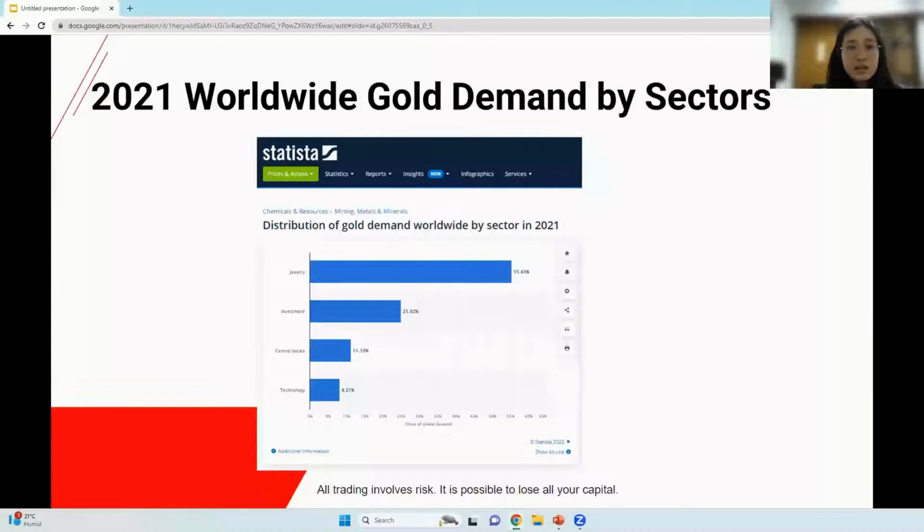Next, central banks account for 11.33%. Gold plays an important part in global central bank reserves, and they tend to be more significant holders of gold. Since the 2008 financial crisis, it actually prompted a fundamental shift in central bank behavior towards gold, and it encouraged a reappraisal of its role and relevance in reserve asset management.